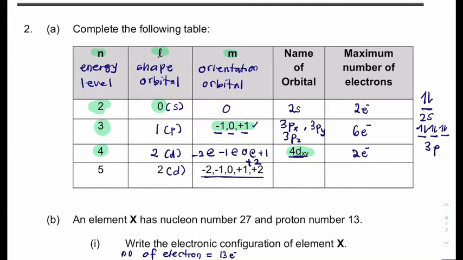So it will be 5D XY, 5D YZ, 5D XZ, and then you ada lagi 5D X square minus Y square, and lagi satu 5D Z square. Okay, ada 5. So jadi kalau you ada 5 orbital, 5 kena darab 2 elektron for each orbital. So you akan dapat di sini 10 elektron.